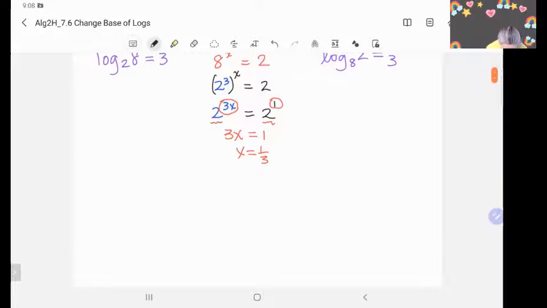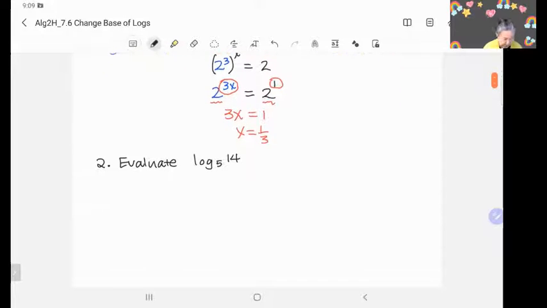Then number 2, now we have this, log base 5 of 14. Okay, then if we are supposed to evaluate log base 5 of 14, we can go through exactly the same steps that we did here.